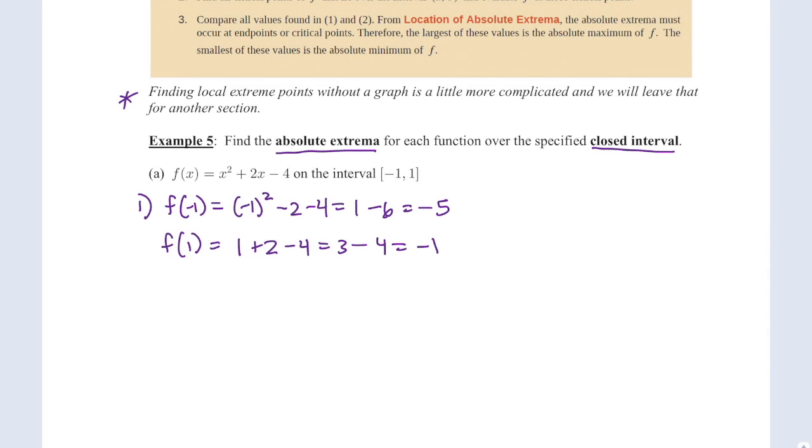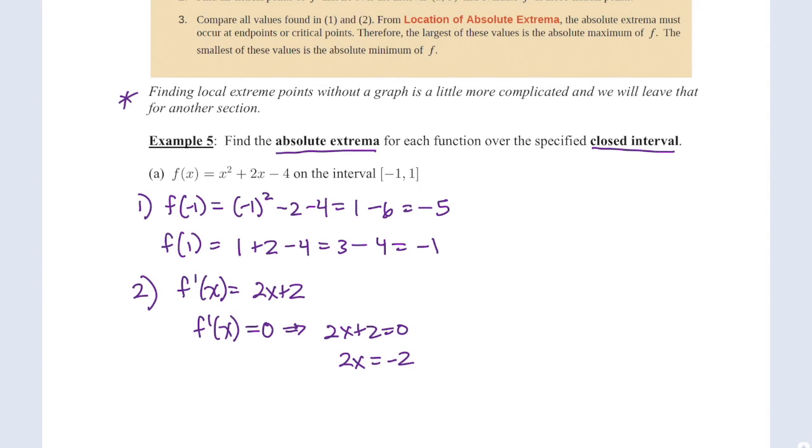So far, our highest y value is -1 and our lowest y value is -5. Now we want to know what are the critical points and what are the function values at the critical points. So f prime of x is 2x plus 2, and the derivative is certainly always defined, so it's going to be 0 if 2x plus 2 equals 0, and that would mean 2x is -2, so x equals -1.